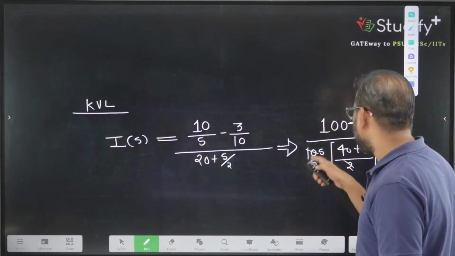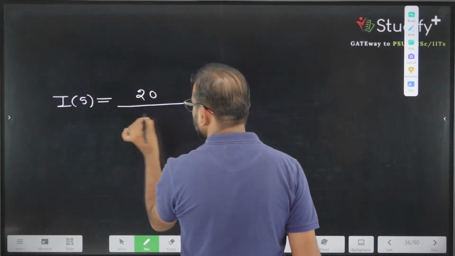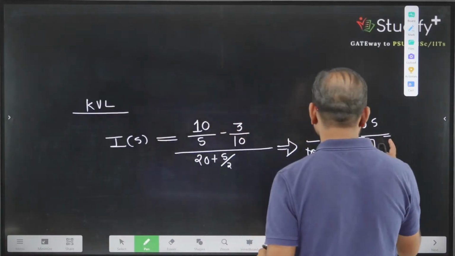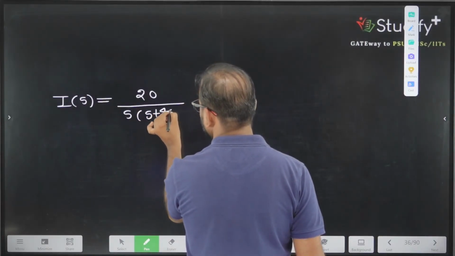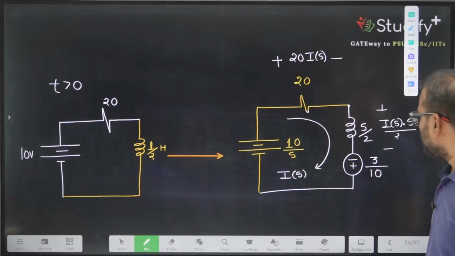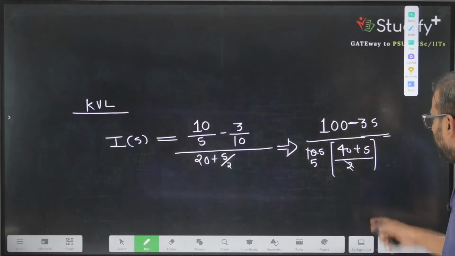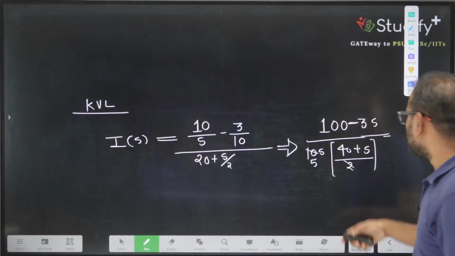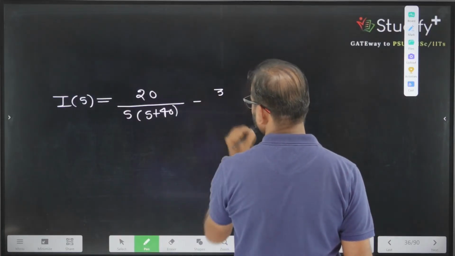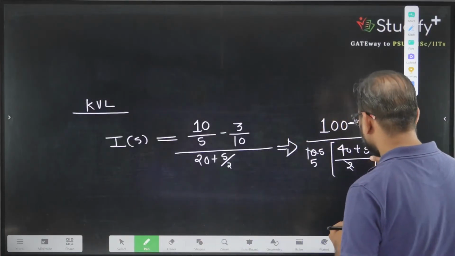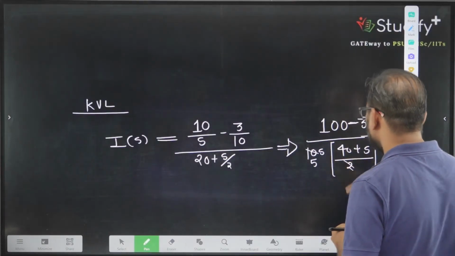So we can write this as 20 divided by S into S plus 40. And what else? Minus 3, S is cancelled. So minus 3 by 5.